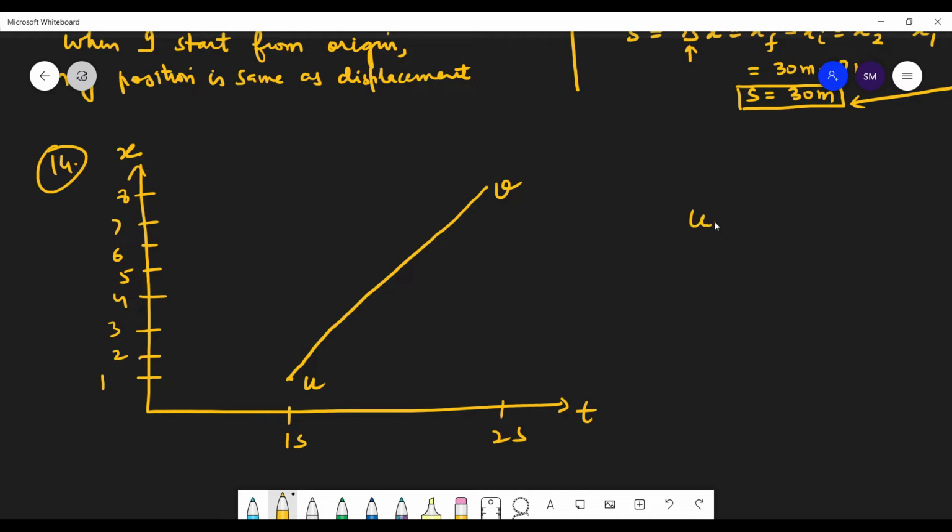So you have to tell what is the initial velocity and what is the acceleration. So students, what is the initial velocity in this case? One meter per second. Okay.